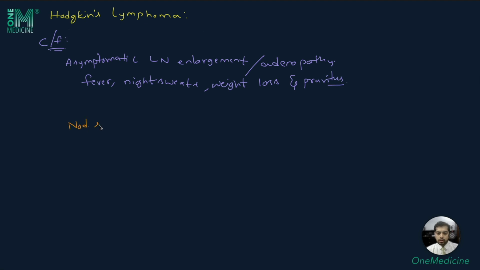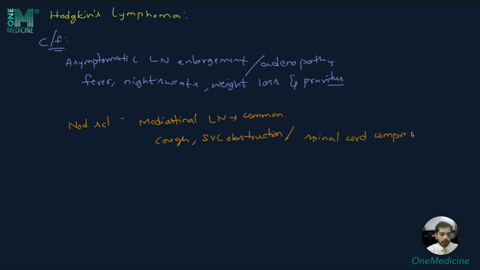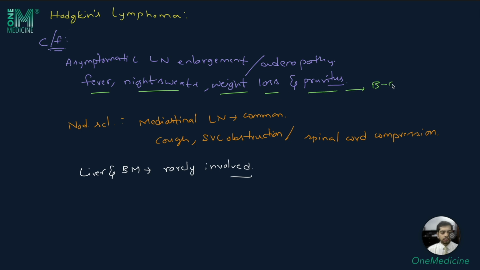In nodular sclerosis, mediastinal lymphadenopathy is common and it may produce cough, superior vena cava obstruction, or even spinal cord compression. As a general rule, liver and bone marrow are rarely involved. These symptoms of fever, night sweats, weight loss, and pruritus are B symptoms.